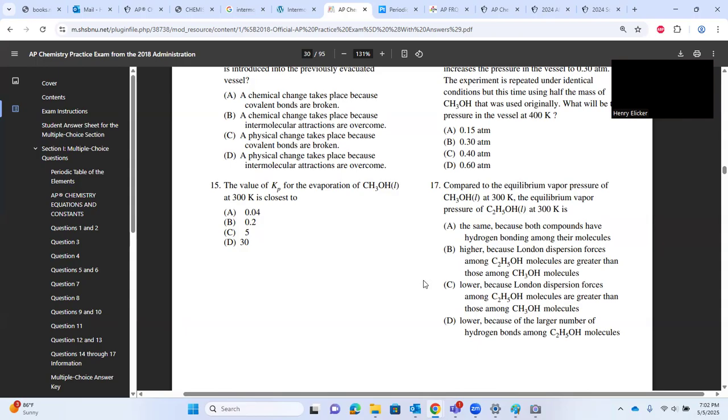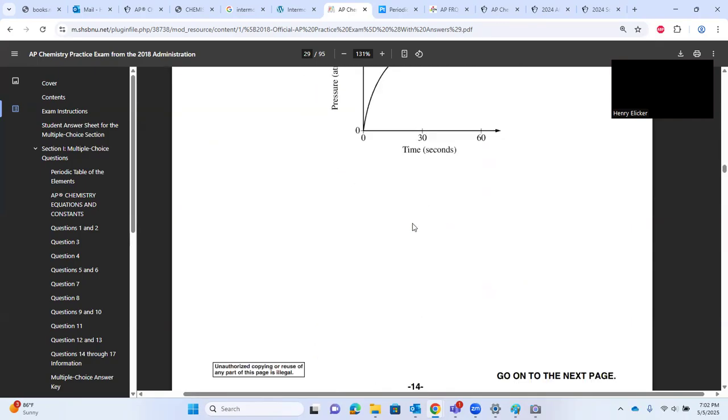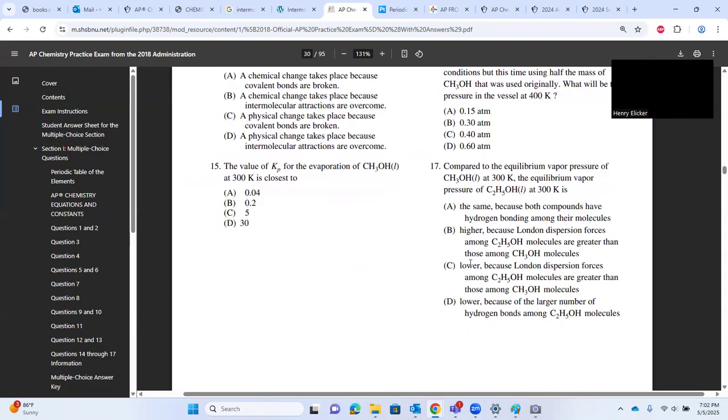Both of them have hydrogen bonding, but we have 2 carbons in this one. So it has a bigger molar mass and more surface area for bonding. Therefore, we would expect fewer gas molecules to come apart, so it's going to be lower. And that's because of London dispersion forces: there are more carbons in the other molecule, and they hold on greater.